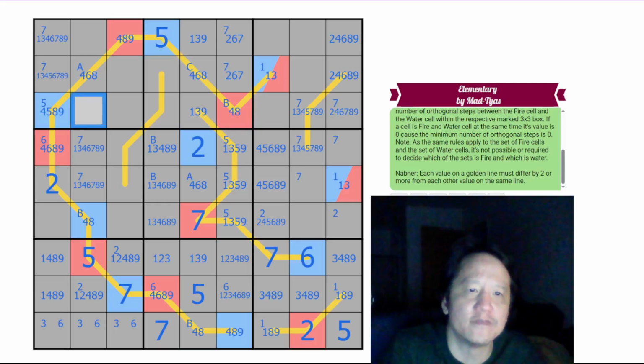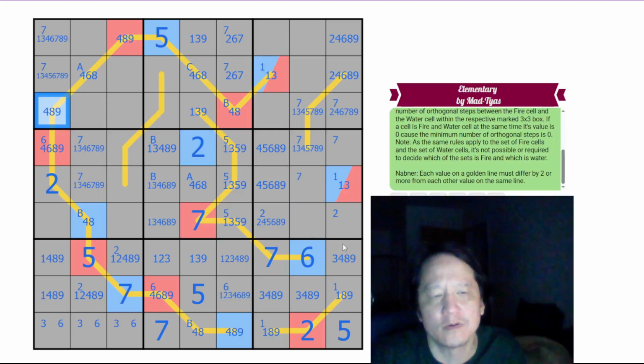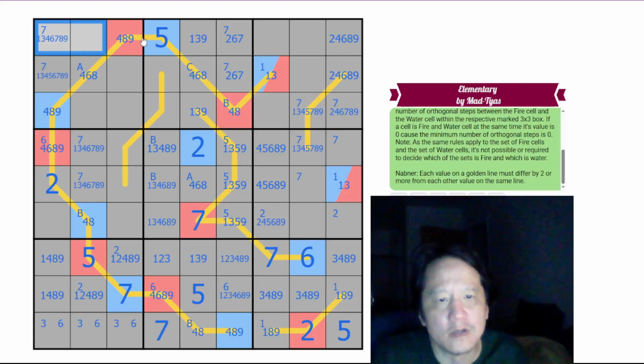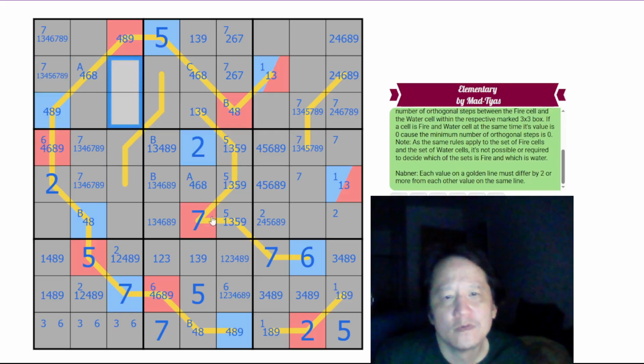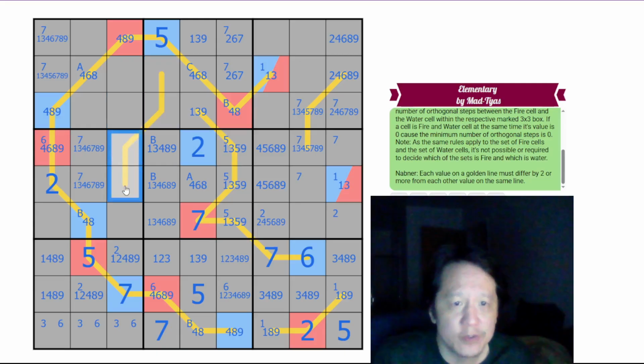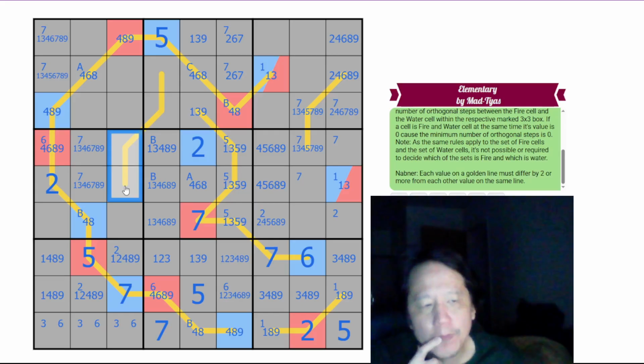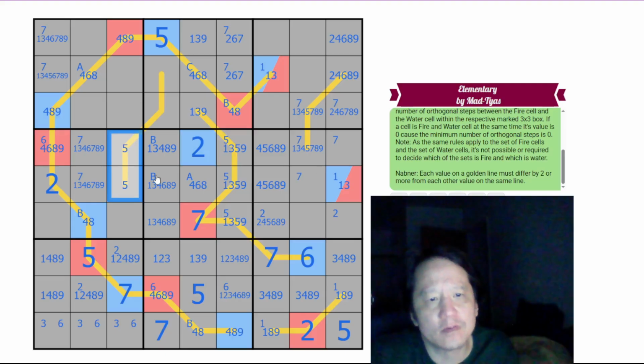Anyways, this is 5. That eliminates 5 from being here. No 5 here, no 5 here. Well, 5 could be here, I guess. This doesn't have 5, but this could have a 5 there. What happens if there's a 5 here?